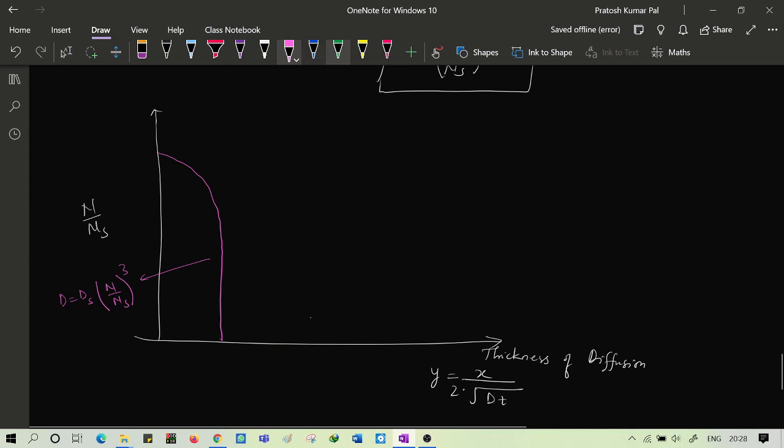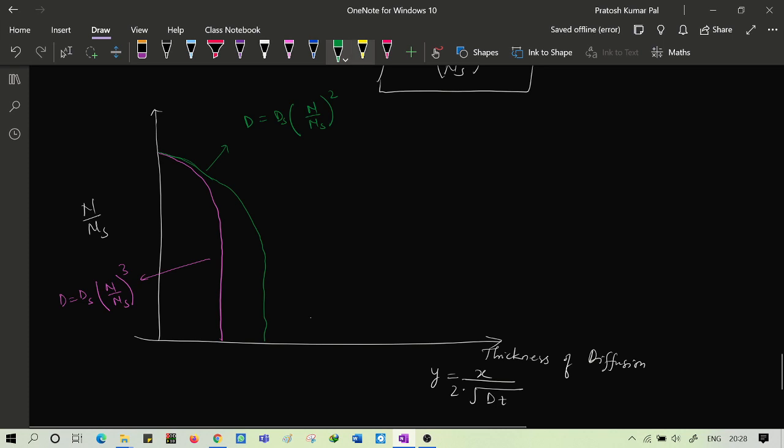Okay, so the second case, these are the straight curves. This is when D is equal to Ds into n by ns to the power 2.